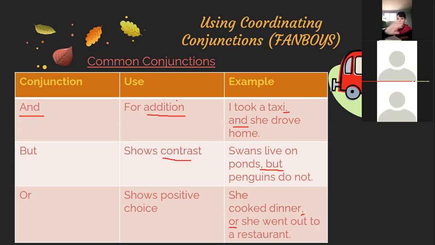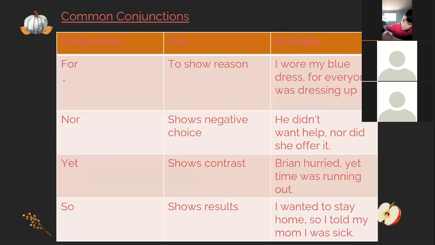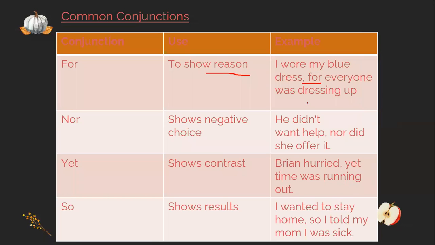So till now we have three conjunctions: and for addition, but for contrast, we show opposite ideas, and or for positive choices. Let's continue. For I use when I want to show a reason, when there is a reason for something that happened. For example: I wore my blue dress, for everyone was dressing up.